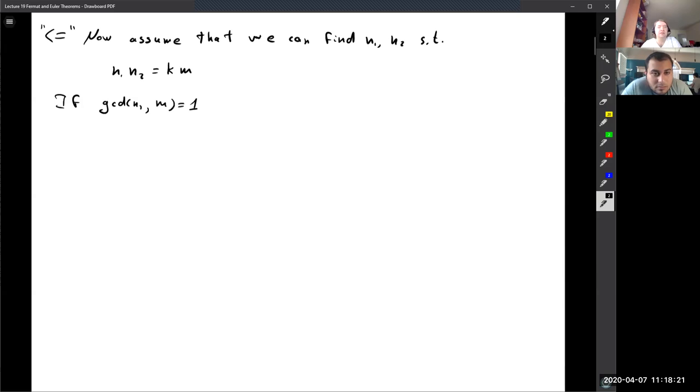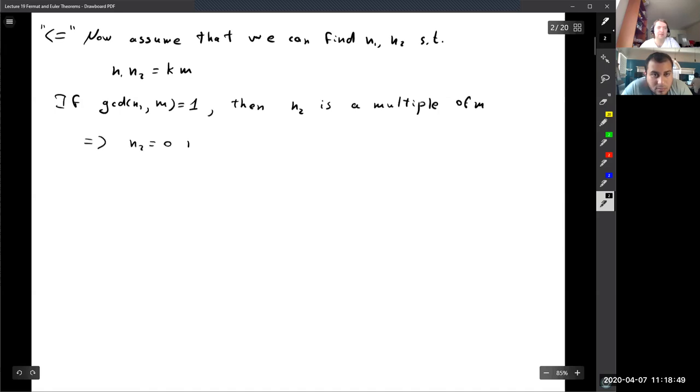Then from here we must conclude that n2 must be a multiple of m. And if it's a multiple of m, then n2 is 0 mod m.